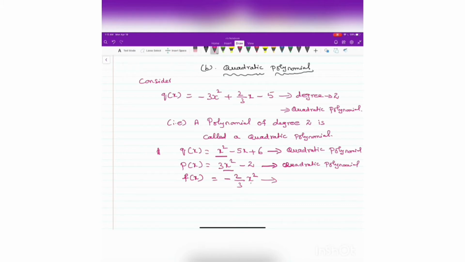So again, it is a quadratic polynomial. What do you infer from here? A quadratic polynomial can be a monomial because only one term is here, or it could be a binomial, or it could be a trinomial. So this is what you infer from these examples.